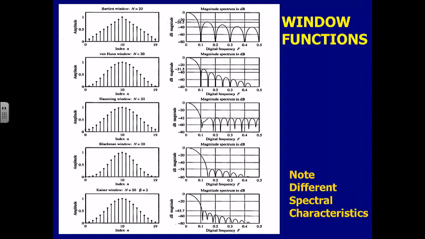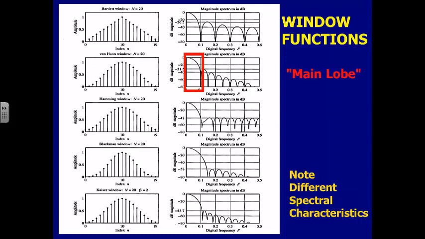While their time domain sample values look pretty similar, their frequency domain, their Fourier transforms, are the same basic shape, but have different characteristics that make us choose one over another depending on what application we're going to put them towards. Notice they all have kind of a main center lobe here, and then a bunch of lobe bounces below.